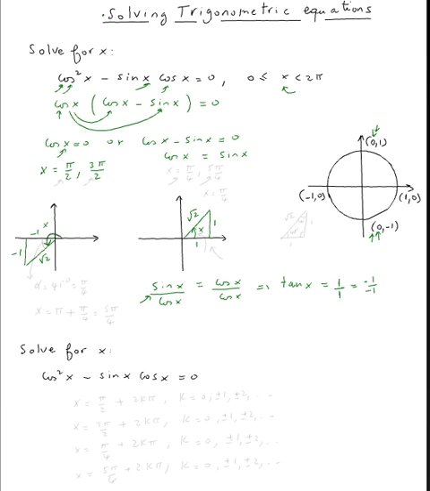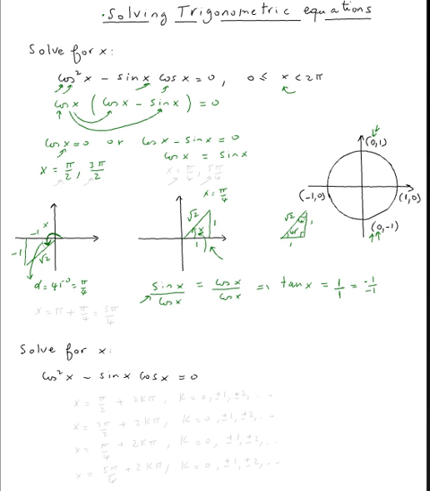Now remember, for this one, the x is so obvious by looking at this triangle. 1, 1, so you're supposed to memorize that one. Remember, 45, 45, 90. So it looks exactly like the triangle. So x has to be 45 degrees or pi over 4. Same thing here. This is going to be alpha, the reference angle, 45 degrees or pi over 4, which means we're looking for x.